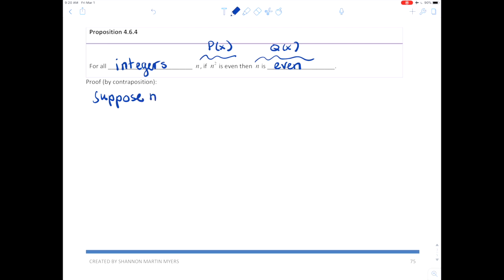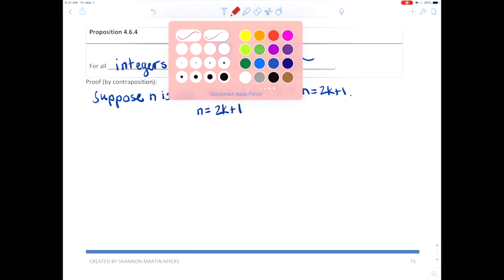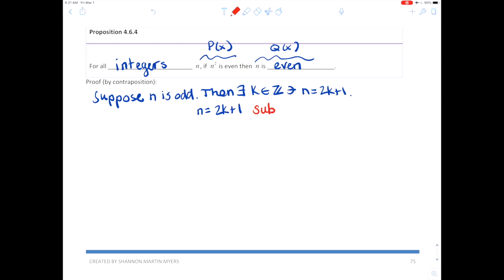So why don't we suppose n is odd? Right? Well, if n is odd, then there exists some k belonging to the integers such that n equals 2k plus 1, right? Well, what will we have? n equals 2k plus 1. That's by substitution.